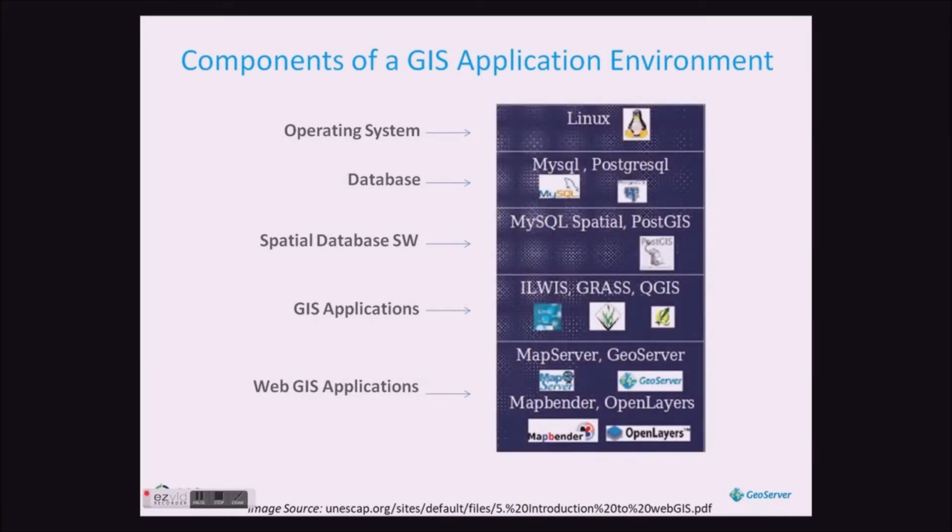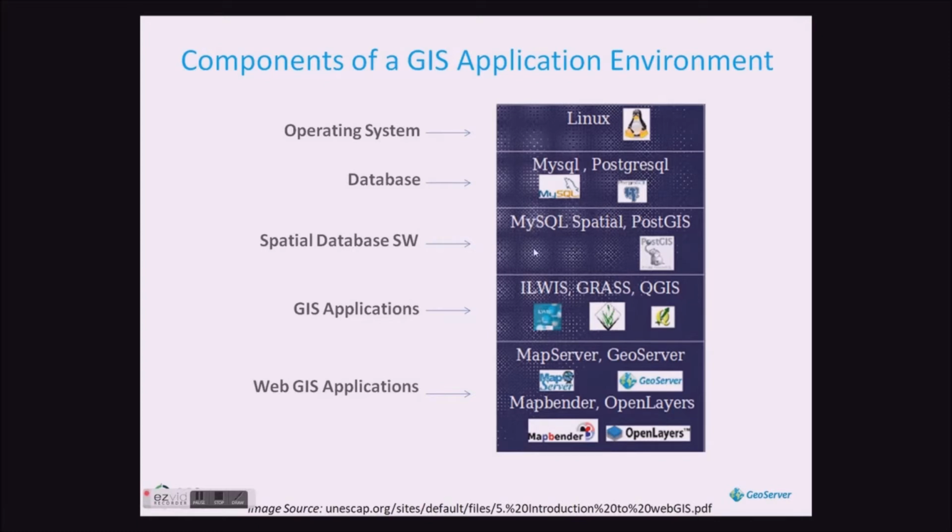At the core of a GIS application, there is an operating system driving the hardware, which in most cases is Linux. The basic data is stored in general-purpose databases like MySQL, PostgreSQL, etc. A layer of spatial database software like MySQL Spatial and PostGIS extend the capabilities of spatial information processing of these databases, and the combination becomes a spatial database.